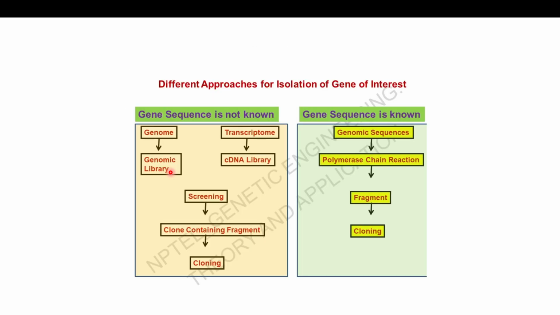Now, one way was genomic library creation, and another is to take the gene, transcribe it to mRNA, and then from the mRNA reverse transcribe it to form DNA.